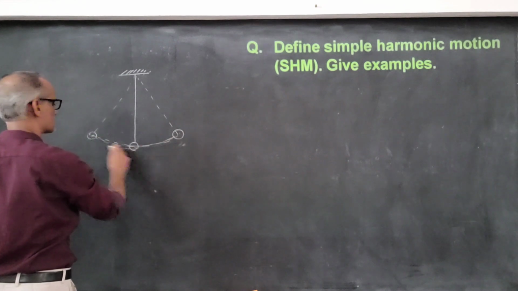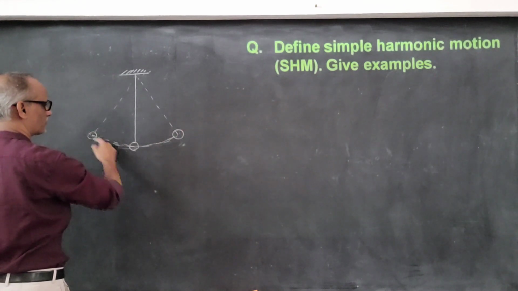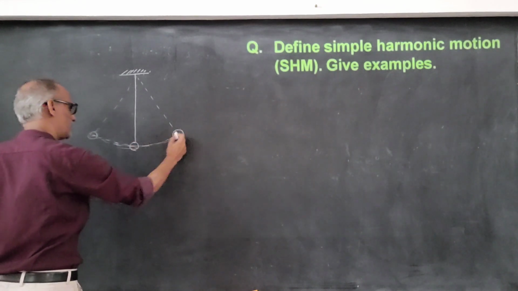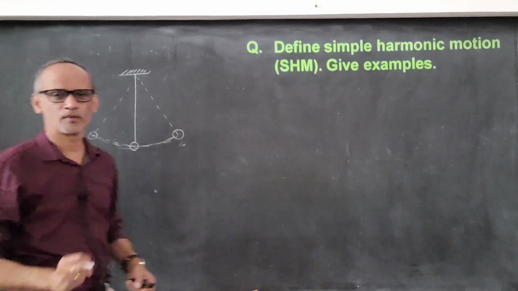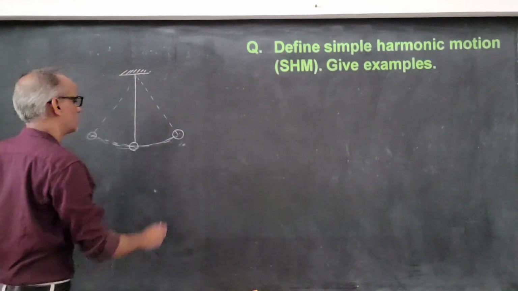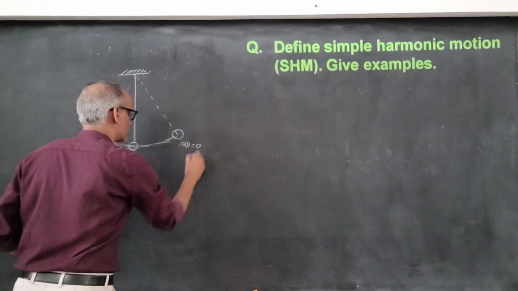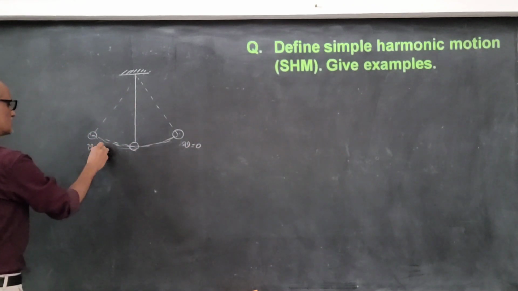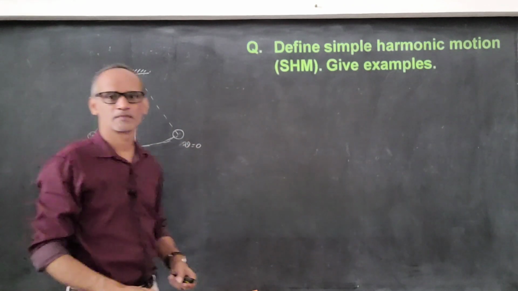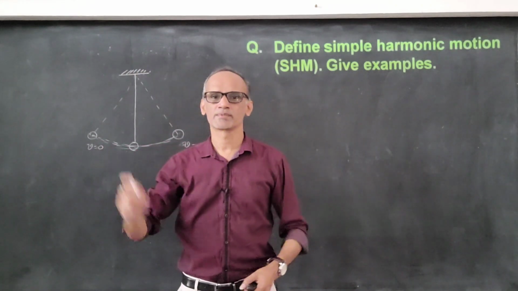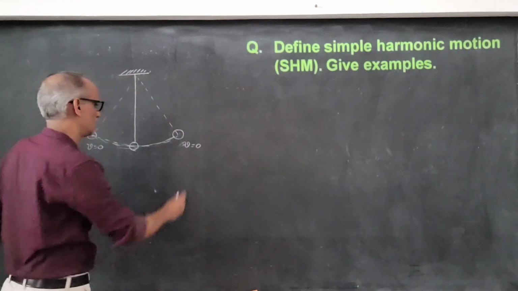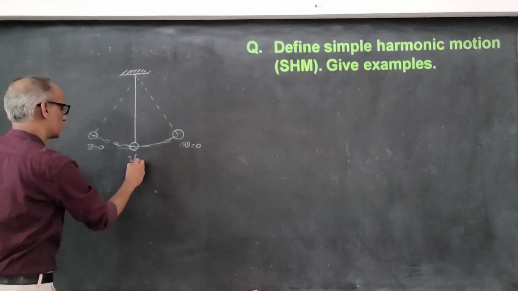When it oscillates like this, at the extreme position, the pendulum comes to rest momentarily, only for a moment. So therefore, its velocity here is 0. Correct? At the extreme position, it comes to rest for a moment. So therefore, its velocity is 0. And here the velocity is the maximum.